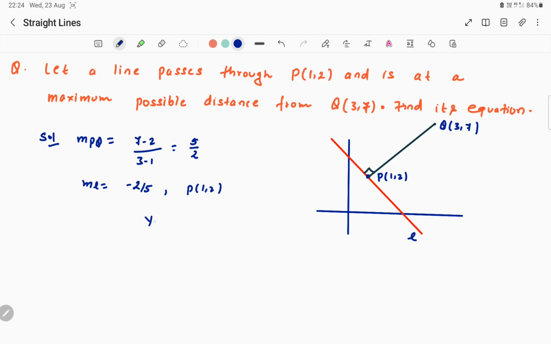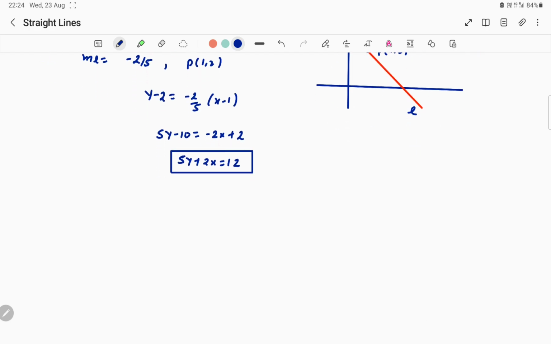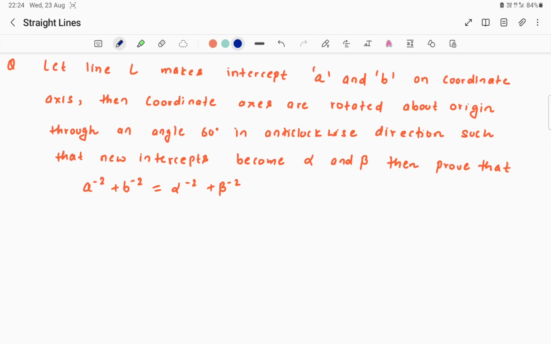So line equation is y minus 2 is equal to minus 2 by 5 into (x minus 1). Okay. Simplification you can do. So 5y minus 10 is minus 2x plus 2. So 5y plus 2x is equal to 12, and that is the required equation. Okay. If you have not been able to get it, I will say listen to the lecture again.